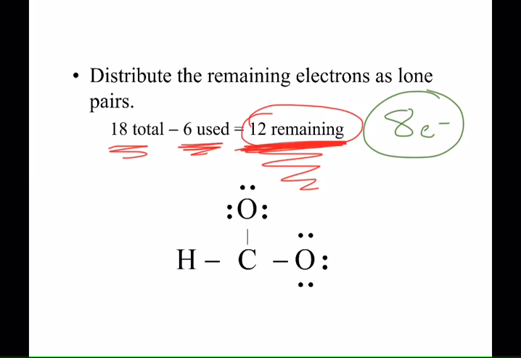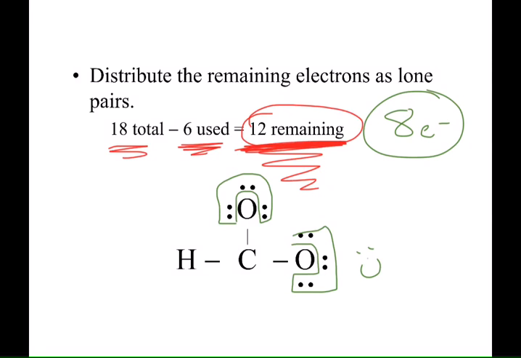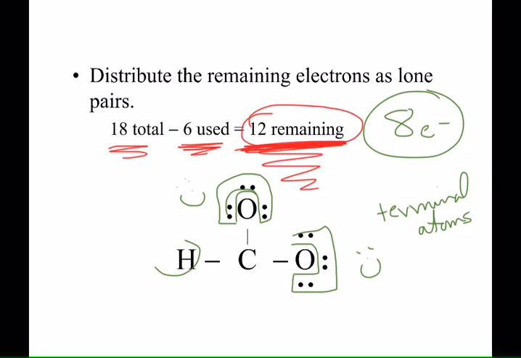And so if we take those 12 electrons and put 6 electrons here, and 6 electrons here, that makes our oxygens happy. The ones we're going to try to make happy first are what we call the terminal atoms. Can you see where oxygen and hydrogen are terminal atoms? Our central atom's carbon, so terminal atoms, make them happy.